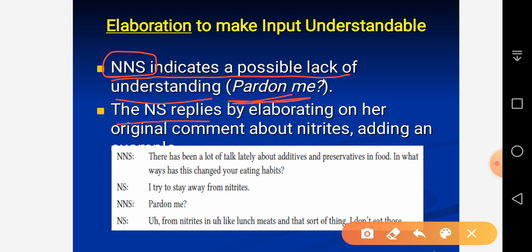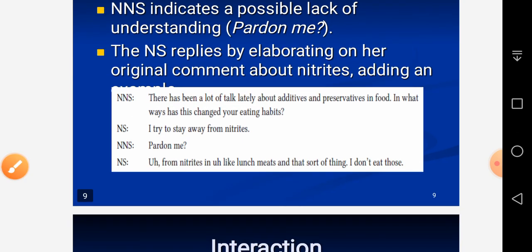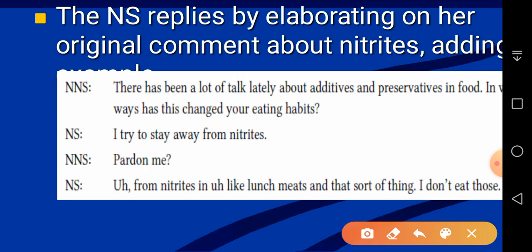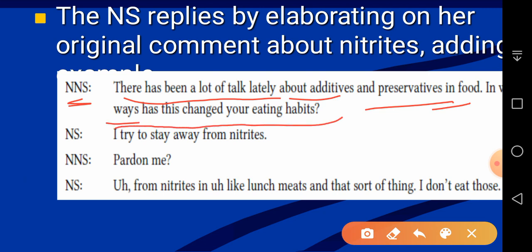The native speaker replies by elaborating on her original comment about nitrates. See, here the speaker says, "There has been a lot of talk lately about additives and preservatives in food. In which ways has this changed your eating habits?" This is a question from one speaker. The native speaker says, "I try to stay away from nitrates."